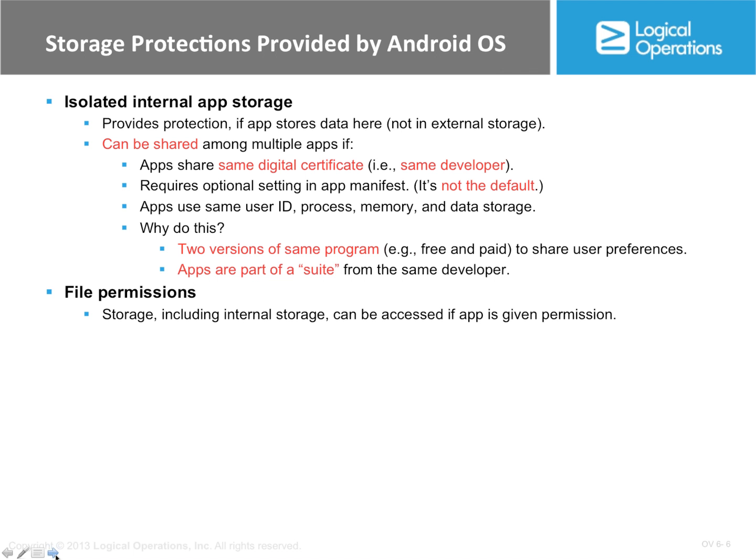I have a free and a paid version. I want the paid version, now that the user has decided to commit their 99 cents to my application, to be able to have access to the data already stored in the free version, right? A good reason to allow for the sharing of data across multiple applications, or as part of a suite, right? Like the Google apps.